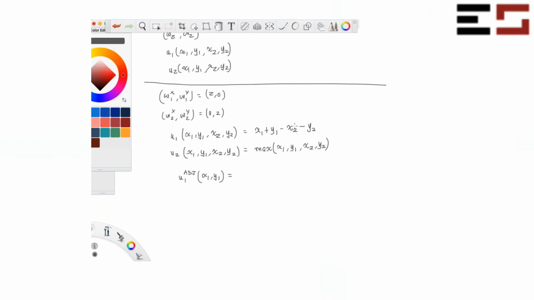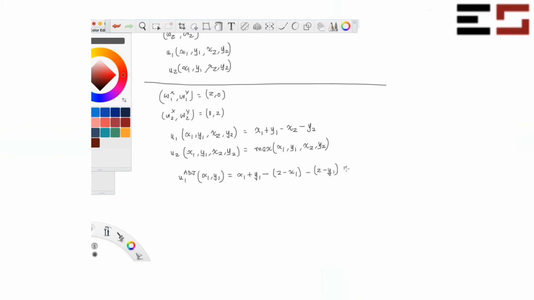Okay, so u1 is equal to, so you can just replace x2 by 2 minus x1. And then you can replace y2 by 2 minus y1, right?